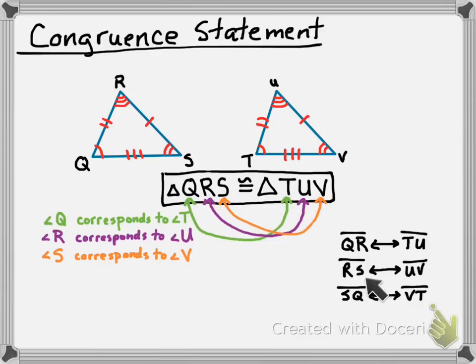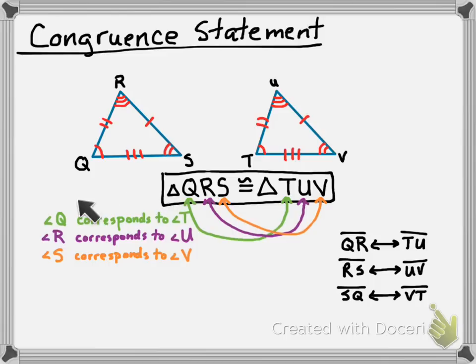And then RS, that's this one, 1 tick mark, corresponds to UV. So where you have RS in second and third, you have UV in second and third. And then SQ, that's the 3 tick marks. So that's VT. So SQ is third first, and VT is third first.